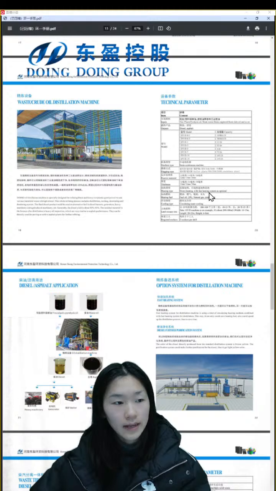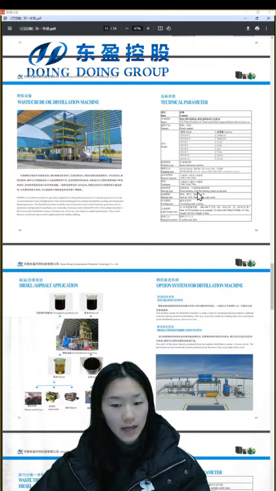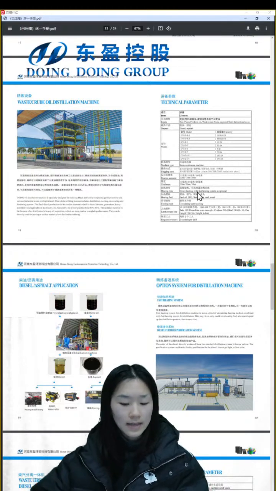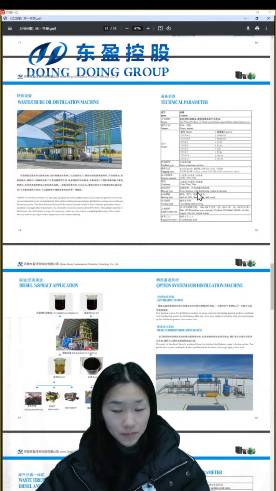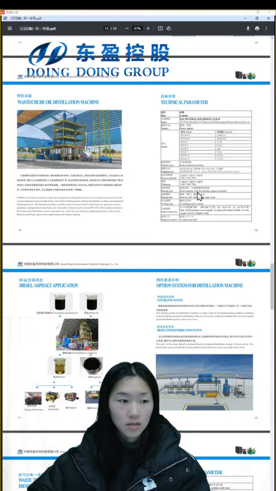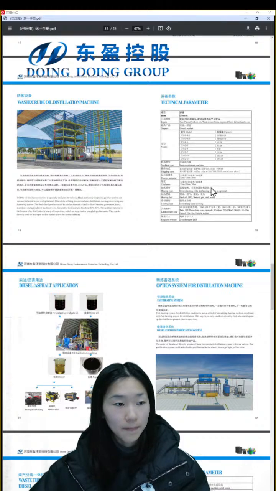There is an optional system for you. It can save the heating time, so you use less time to heat the distillation reactor.